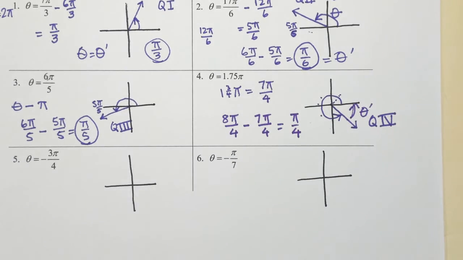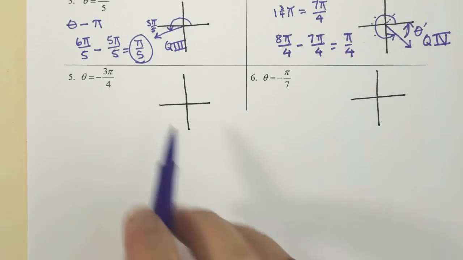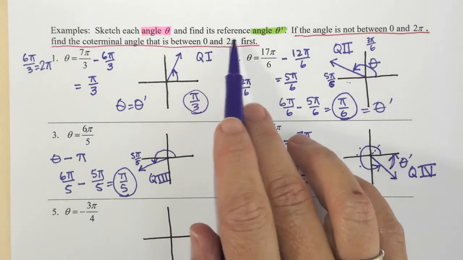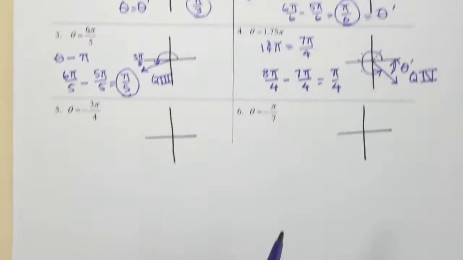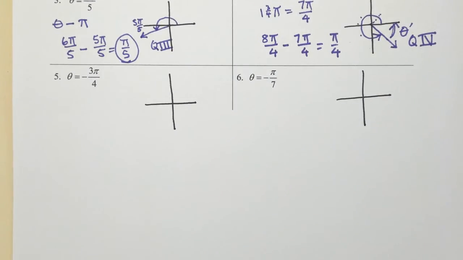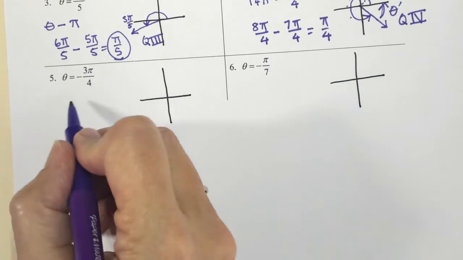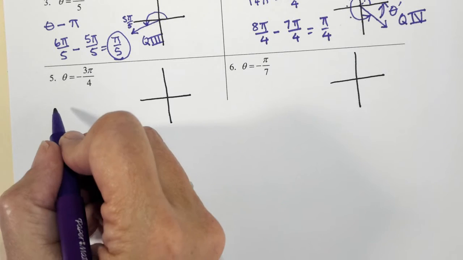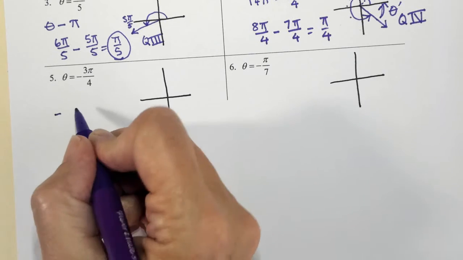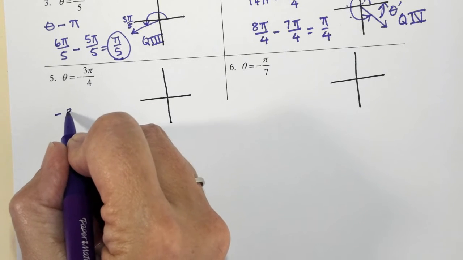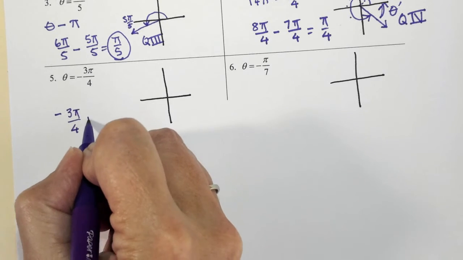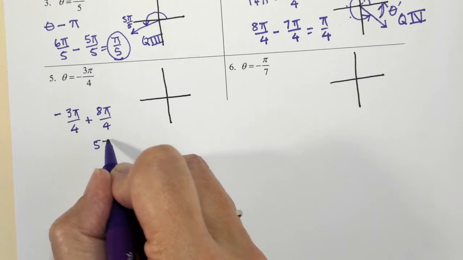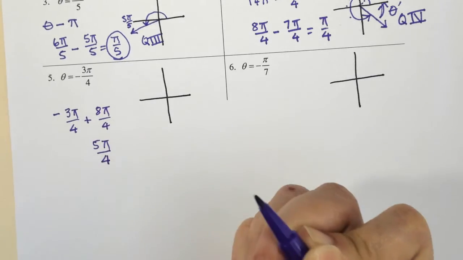Okay, so the last two are different because they're both negative. So remember that one of the stipulations is that we want it to fall between 0 and 2 pi. So once again, we're going to have to do the conversion. So let's first of all find the coterminal angle for negative 3 pi over 4. So to do that, I'm going to add 2 pi. And that gives me 5 pi over 4.